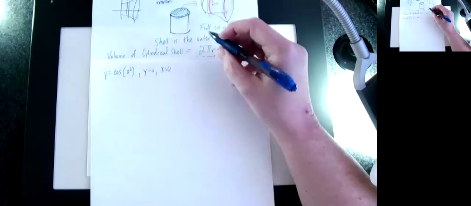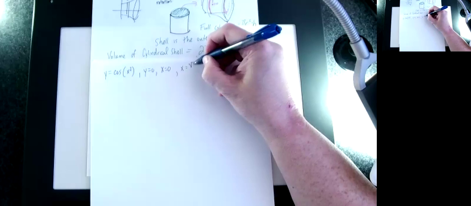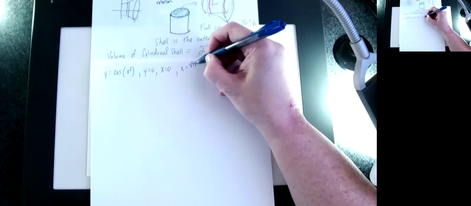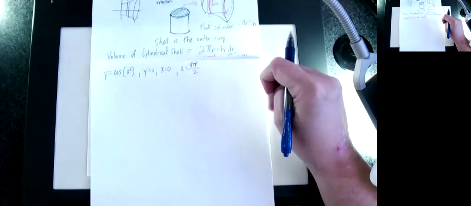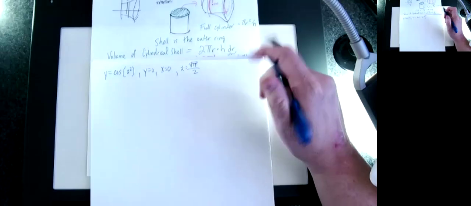And we're going to use y equals 0 and x equals 0 as some boundaries. And we'll do x equals the square root of pi divided by 2 as another boundary. And we will rotate around y.